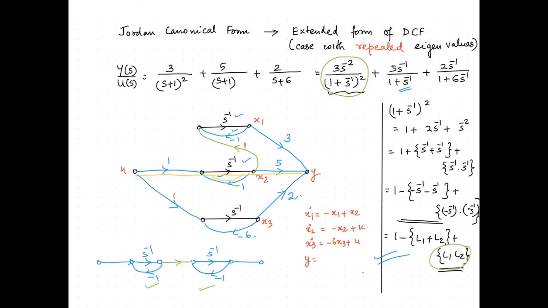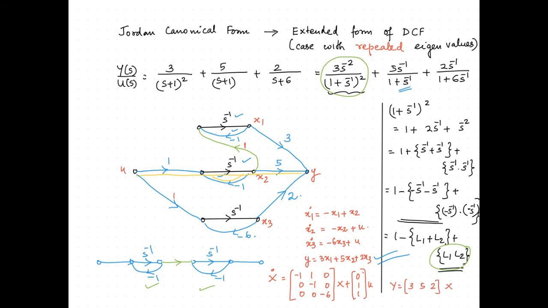And y equal to 3x1 plus 5x2 plus 2x3. So in short, the state model will be x dot equals [minus 1, 1, 0; 0, minus 1, 0; 0, 0, minus 6] into x plus [0; 1; 1] into u. y equal to [3 5 2] into x.